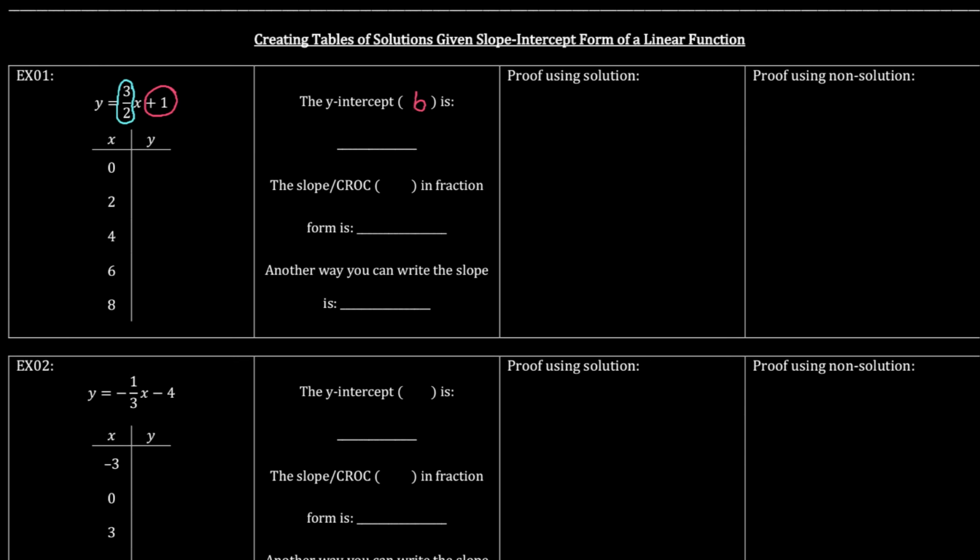Remember, slope-intercept form is y equals mx plus b, where b is the y-intercept, which you can think of as our starting solution, and m is our slope.